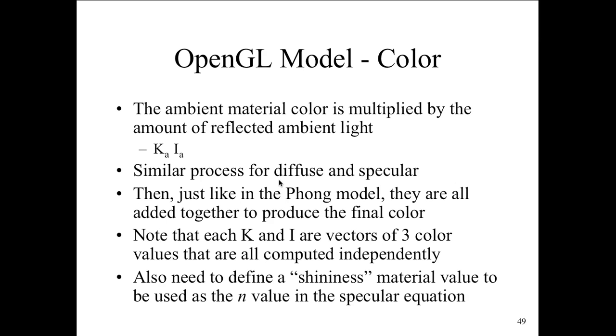So in terms of the color model, the ambient light color is multiplied by the amount of reflection of the ambient lights. So if we casted a blue light, it's not necessarily going to be the same blue color that's going to be casted on each object, depending upon how close the object is to the light source. Anything closer is going to be darker, anything farther away is going to be lighter.